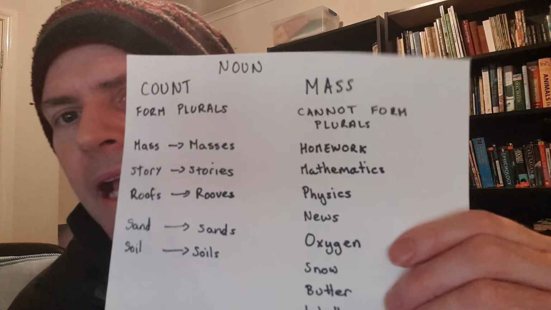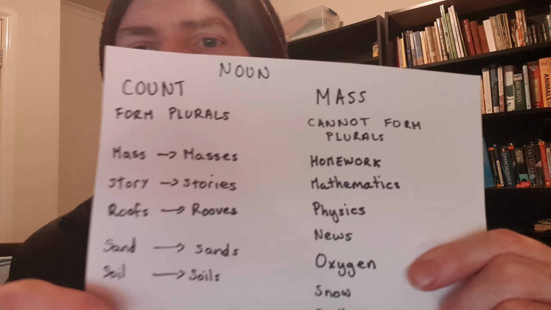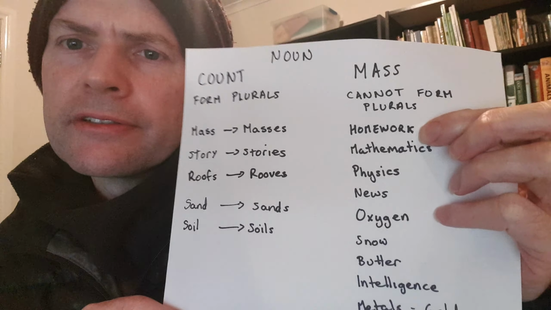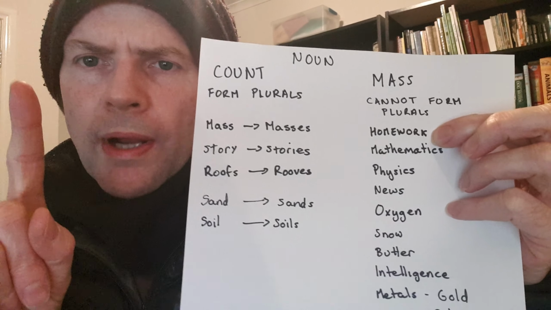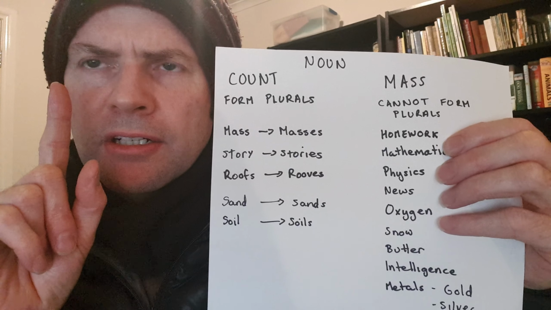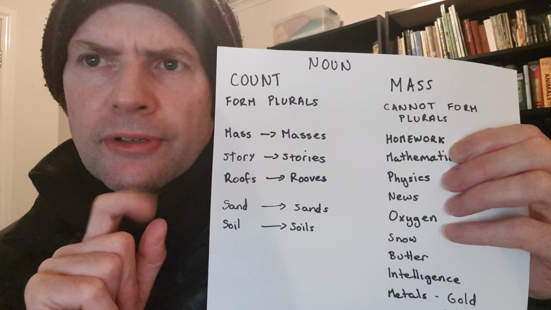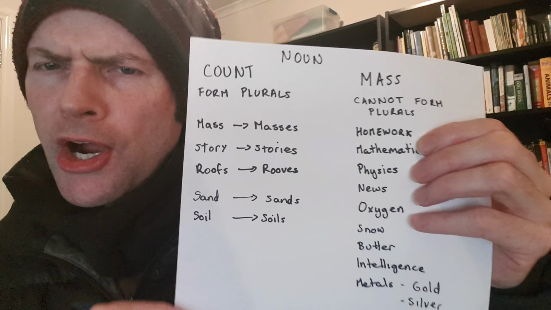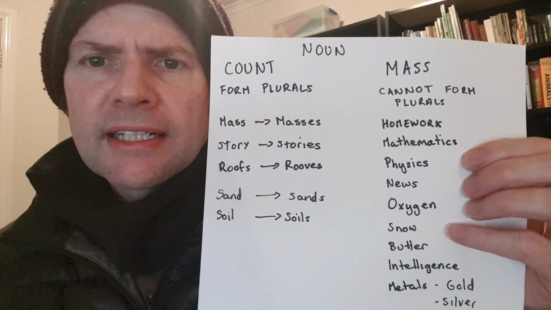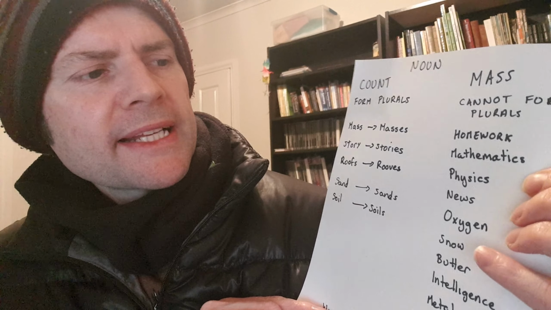So then we have mass nouns. These ones don't make a plural. You've got homework. So you've got 1 homework or 3 different types of homework. You don't put an S on this, so you don't make it a plural. Then we've got mathematics.